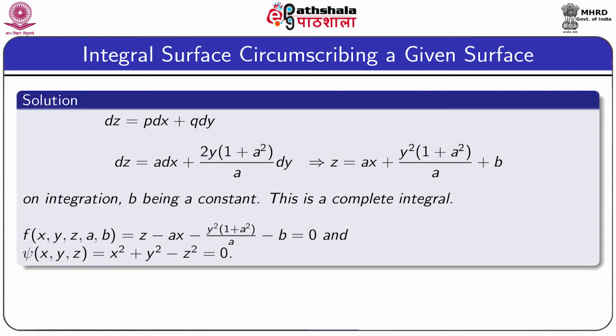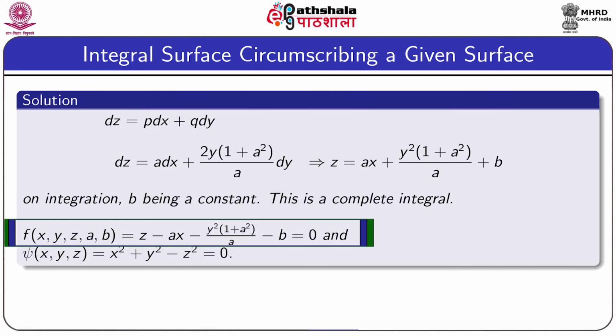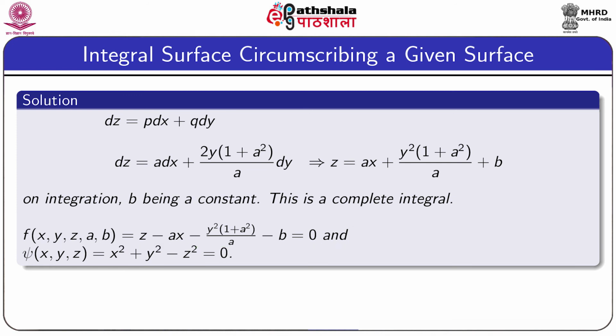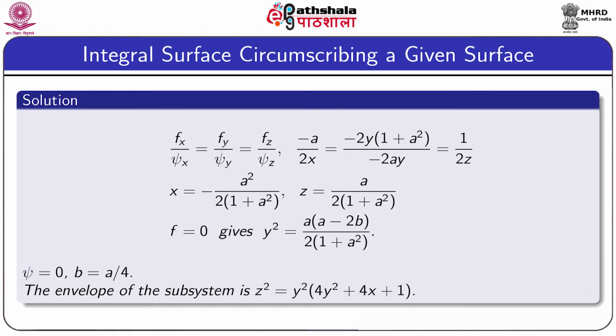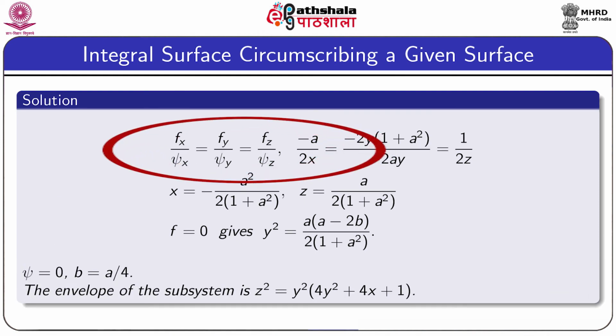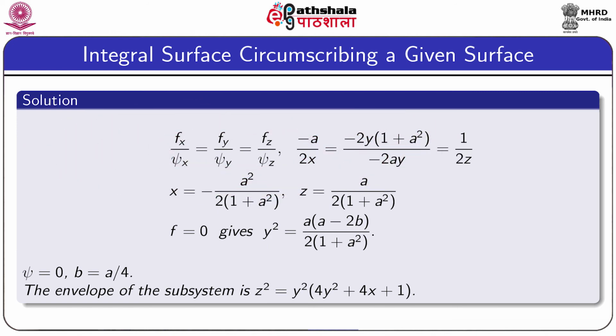Now, this equation can be written in this form: f = z - ax - y^2(1 + a^2)/a - b = 0. And the equation of the circumscribing surface psi is given as psi = x^2 + y^2 - z^2 = 0. So, for circumscribing a surface, we have the relation fx/psix = fy/psiy = fz/psiz.